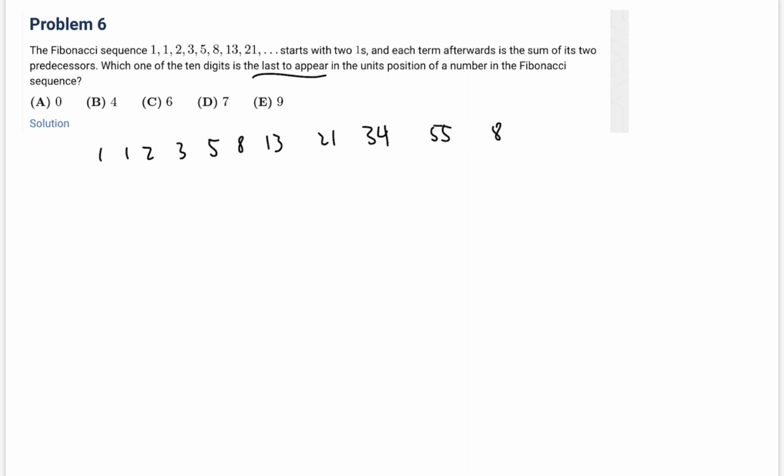So it's 34, 55, 89, and then 144, 233, 377, and then 610. Yeah, 610.